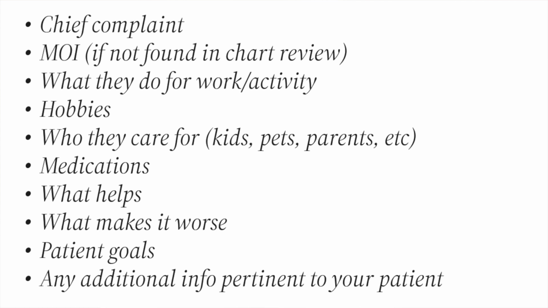Again, medications if it wasn't clear, what helps it get better, as well as what helps it get worse. And then you want to know their patient goals as a whole, because you want to have their buy-in and know that you're listening to what they want to get out of this, as well as ask any additional questions that are pertinent to the patient and their condition, so that you can have a full picture of the patient.